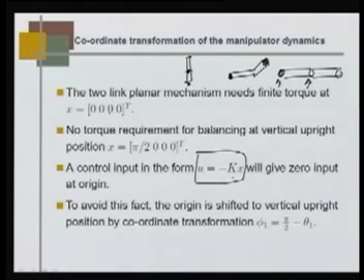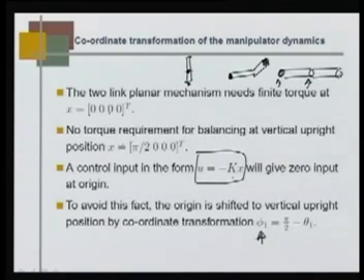To do that, the origin is shifted to the vertical upright position by a coordinate transformation, phi 1 equal to pi by 2 minus theta 1. So theta 1 has been transformed to phi 1 by pi by 2, and we make this the origin.